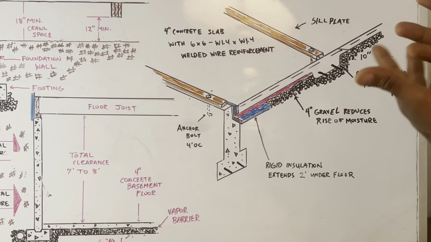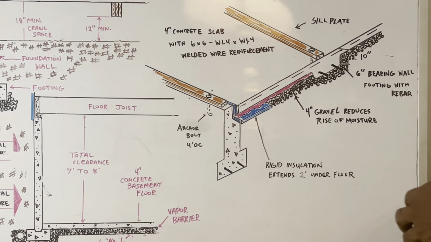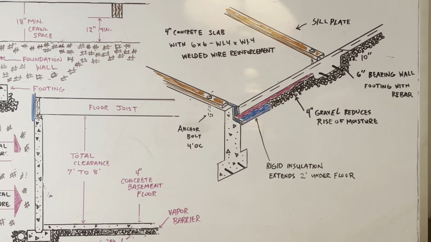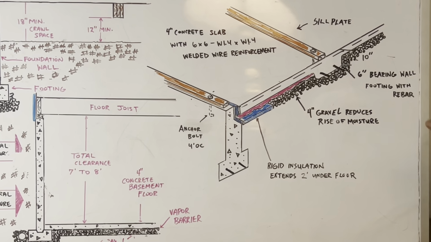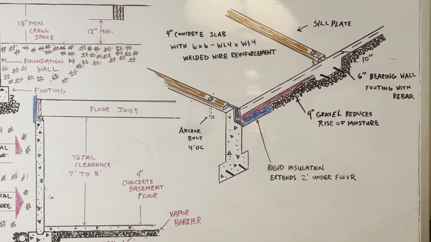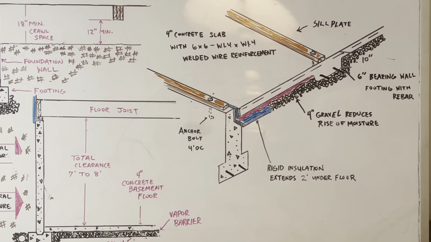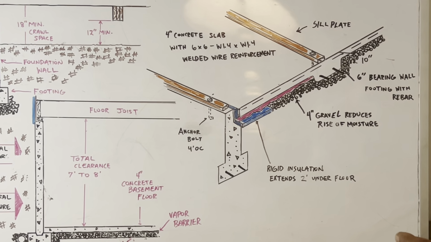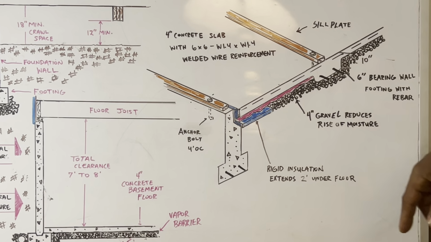Which is like a mesh or a net, a welded wire net that sits on some chairs, okay? Before you pour your concrete, that rebar is basically rebar, but it's called welded wire, okay? It's going to be suspended by these chairs. They call them chairs. I've seen some people use rocks to suspend that wire mesh halfway in your slab, okay?